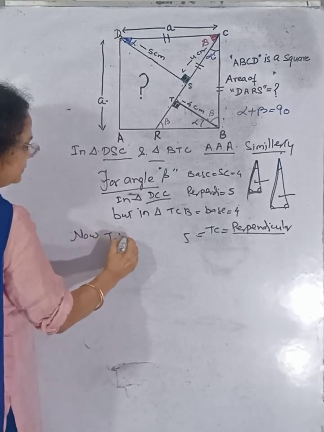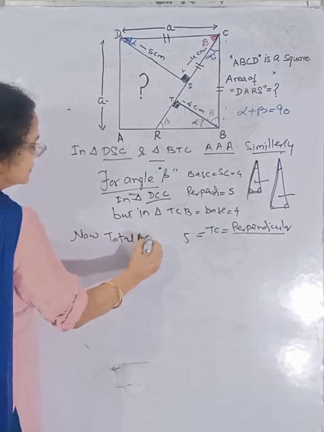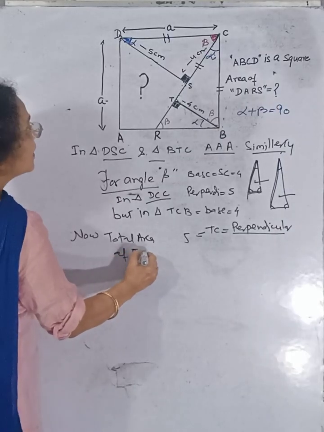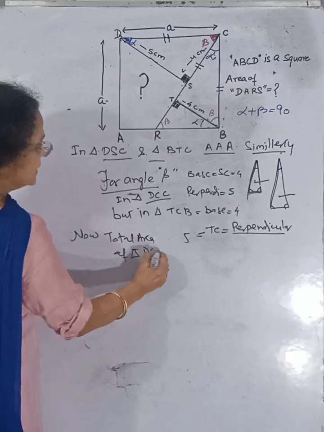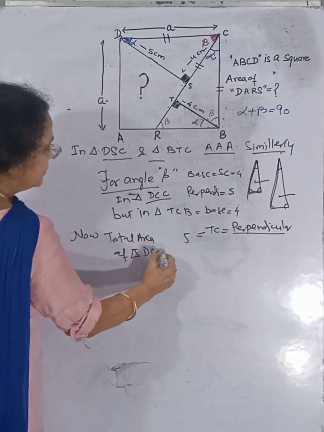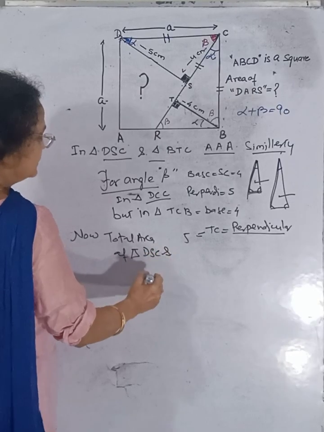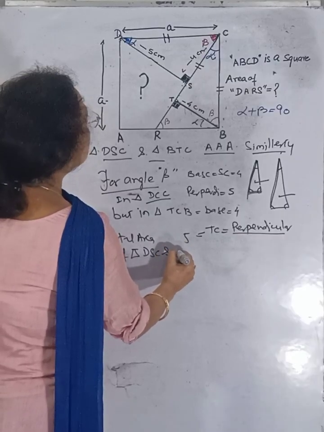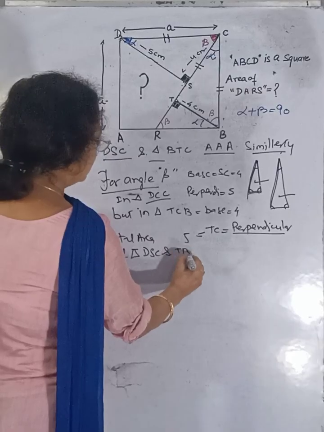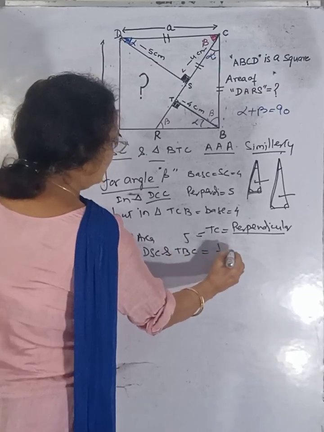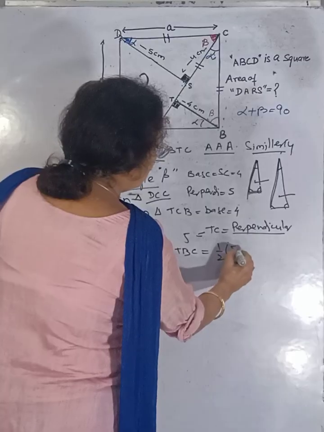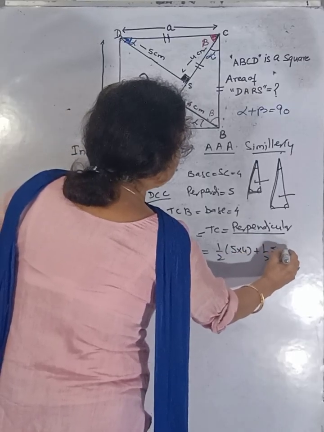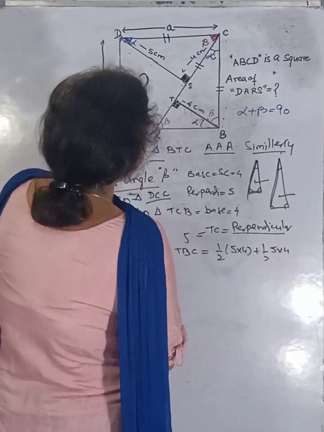Total area of triangle DSC and TBC will be equal to 1 by 2 into 5 into 4 plus 1 by 2 into 5 into 4, base into height.